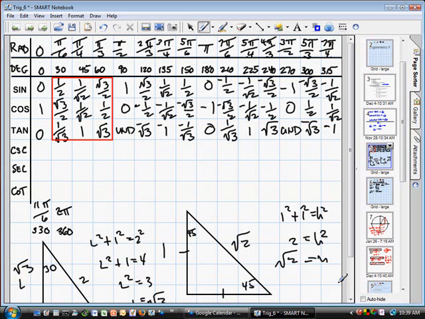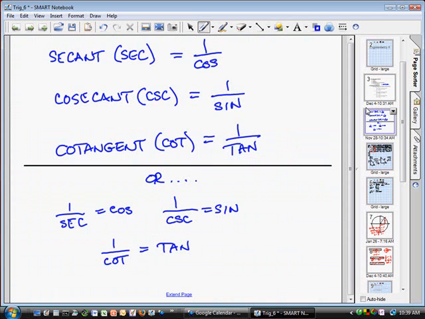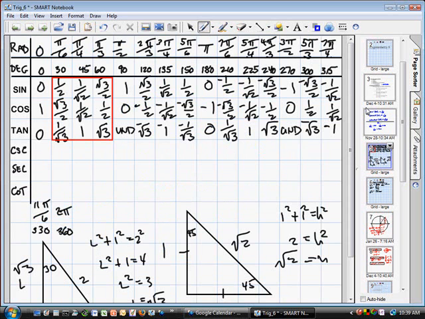And now your table is twice as big. Now, if you memorize these 3 new functions, you should be able to fill the rest of this in. For example, remember, cosecant, CSC, is the reciprocal of the sine. I can't take the reciprocal of 0, so I have to make that a UND.